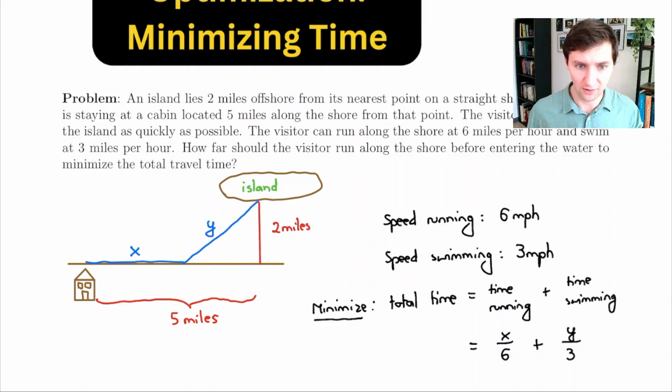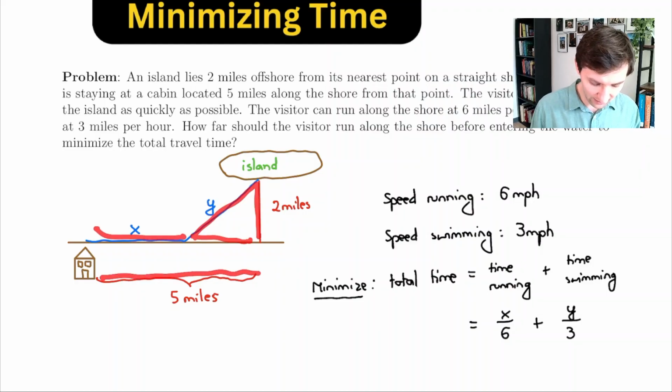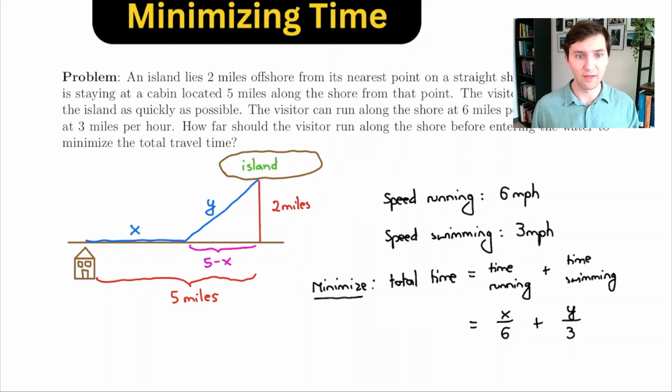What is the constraint? We see a nice triangle here. One side of this triangle is y, one side of this triangle is 2, and the third side of this triangle is 5 minus x. This tells you that there is some relationship between x and y.